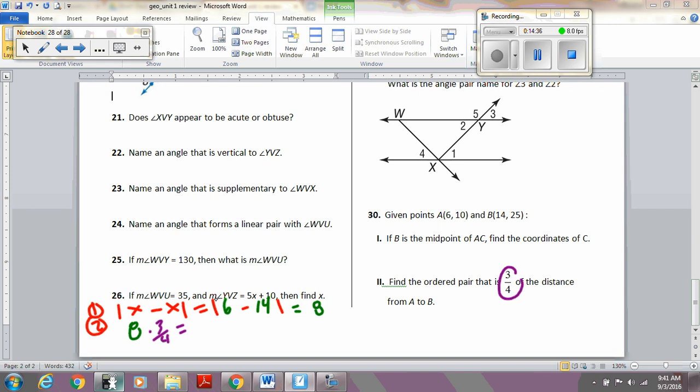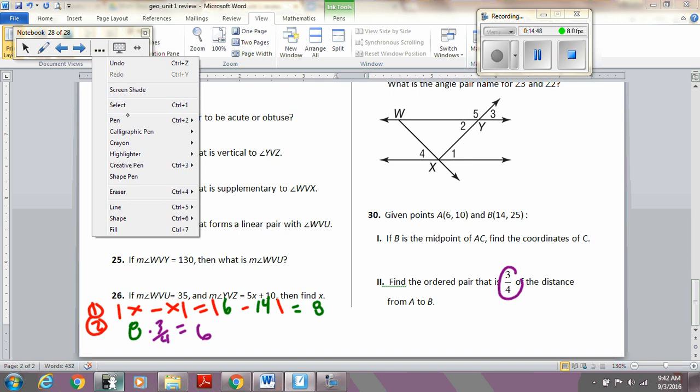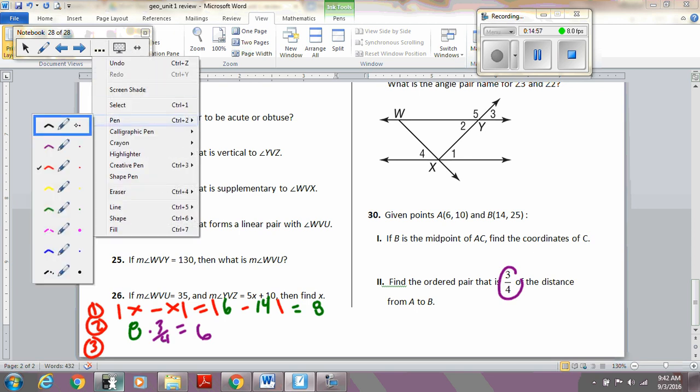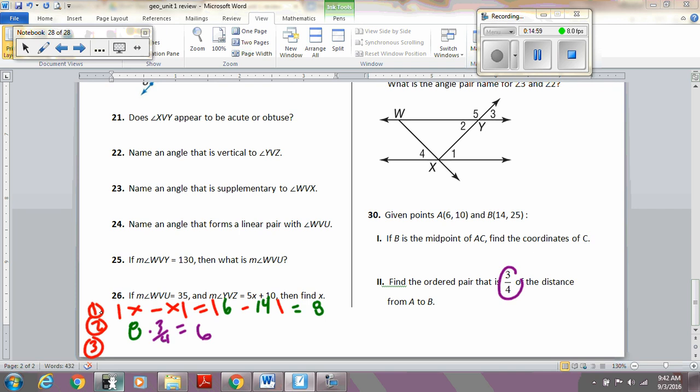Real quickly, without the calculator, that would be 24 divided by 4, which is 6. And then the third step, we're starting at A, and A's starting x value was 6.